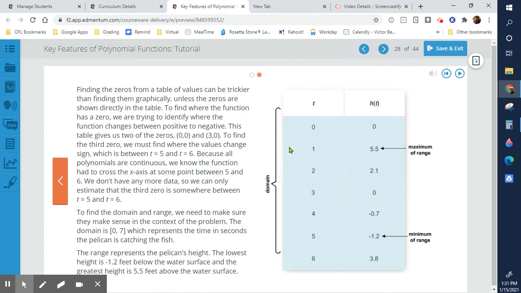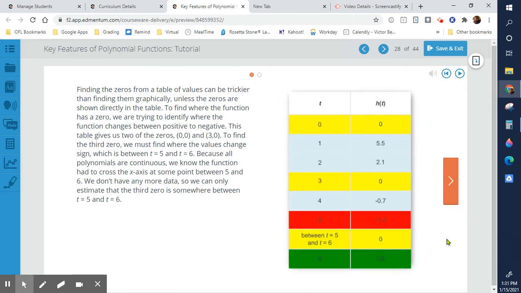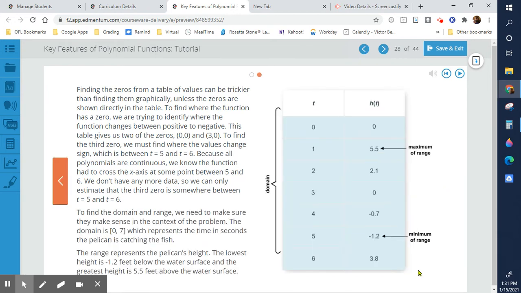Looking at this one, we can see our highest point and our lowest point. So we're being bounded for 6 years, from 0 to 6. We need to find our lowest points and our highest points. They already nicely circled our zeros. This one, like I said, we couldn't see it. We just know it's somewhere between 5 and 6. And then this is our highest point and our lowest point between the bounded time.